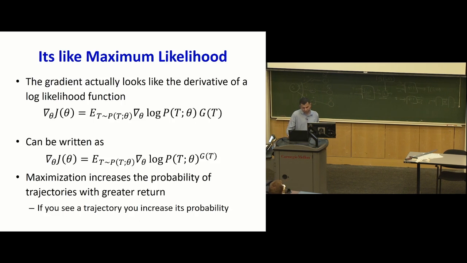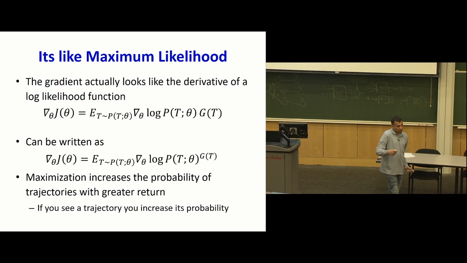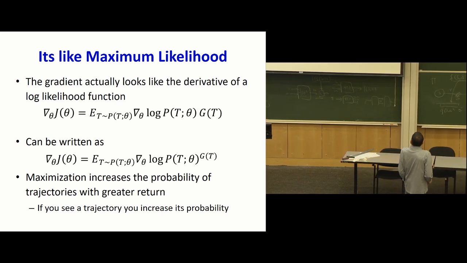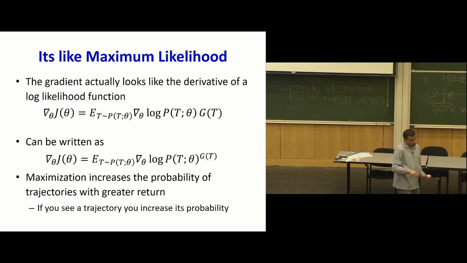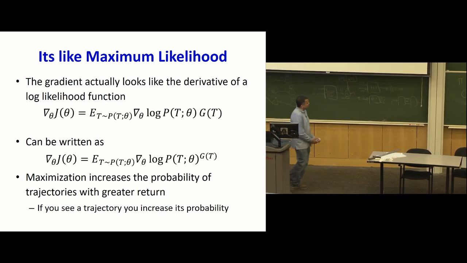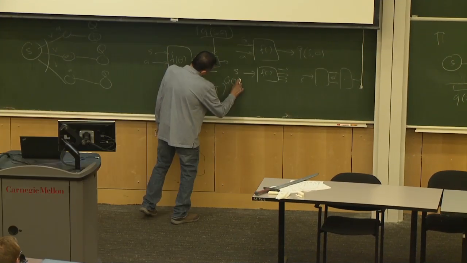It's actually like maximum likelihood. If you look at what the gradient looks like, it's the expected value of the derivative of the log of a probability times some term, which is the same as the derivative of the log of the probability raised to that term, which is basically the same as saying that I'm maximizing over all trajectories p of trajectory raised to g of trajectory.